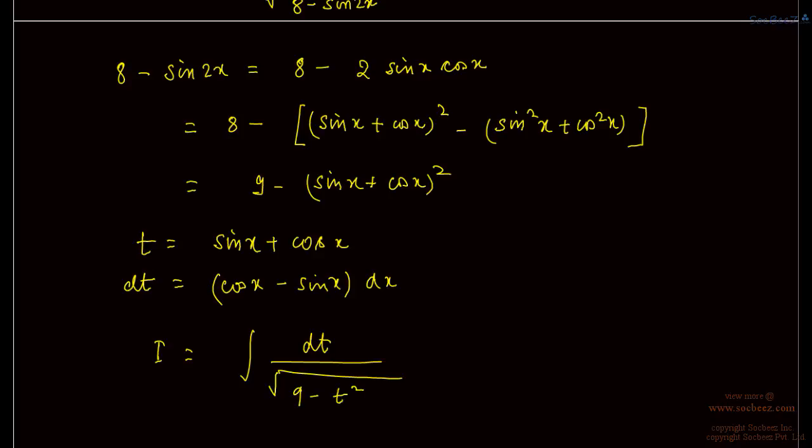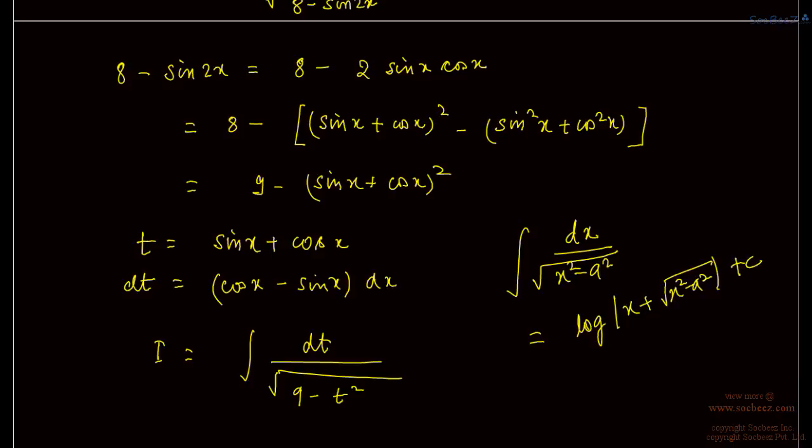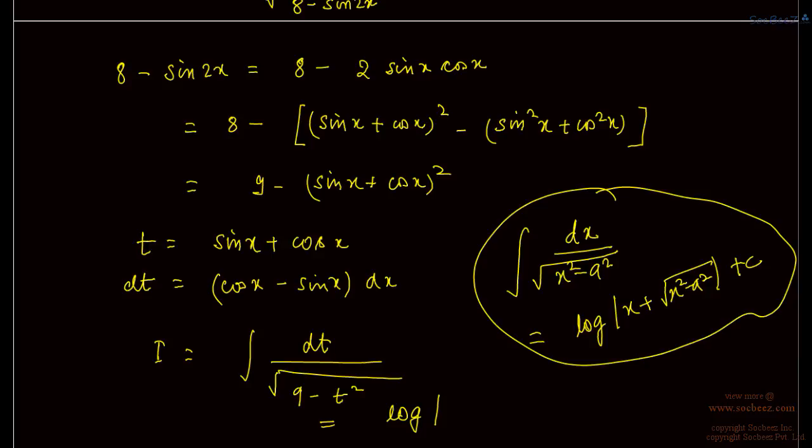Okay, so this is basically an integral of the form dx upon root under x square minus a square, right? We have seen that it is equal to log x plus root under x square minus a square. But here we are not going to use this formula because this is not based on this formula.